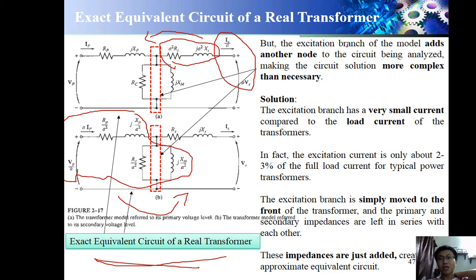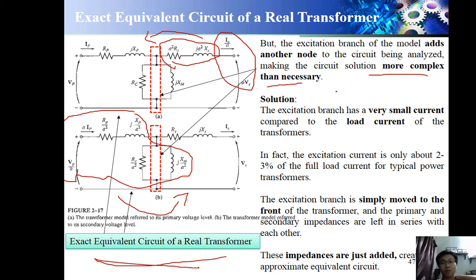But the excitation branch of the model adds another node to the circuit being analyzed, making the circuit solution more complex than necessary. So even though we already transfer the secondary side to the primary side, or the primary side to the secondary side, in this form it is still very complex for us to analyze.